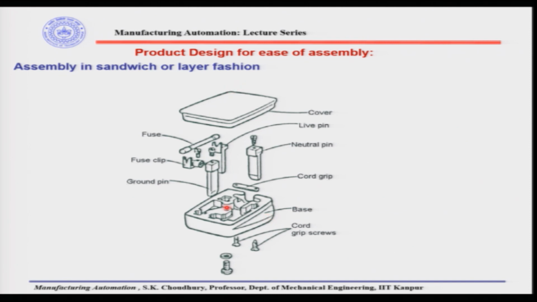When everything goes in, the cord grip screws will be coming from the opposite direction, and the main screw to fix this base to the cover will also come from here. So, as far as possible, most of them will be coming from the top, in sandwich or layer fashion. The only exceptions are the cord grip screws and the main screw, which have to come from the opposite direction.